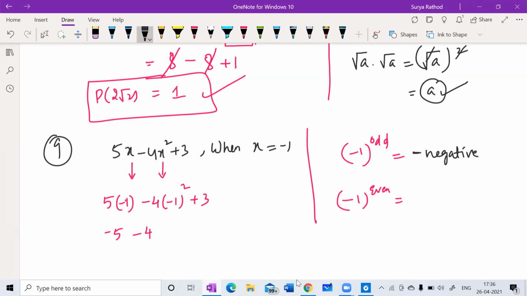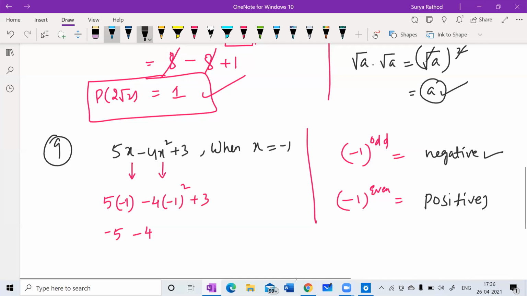Are you getting my point? Negative to the power of odd, always negative. Negative to the power of even number is always going to be what? Positive.